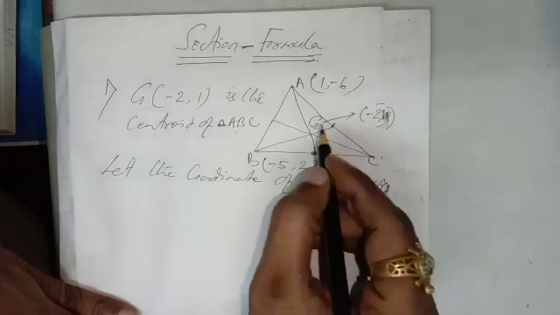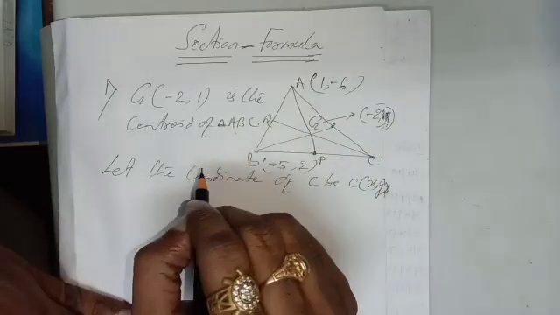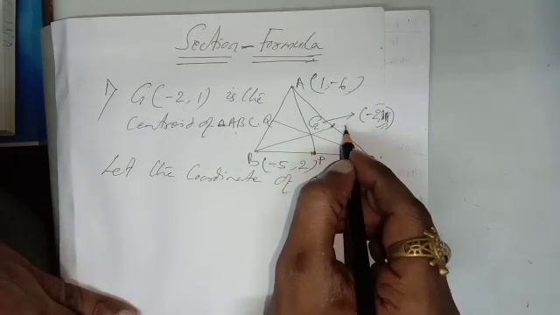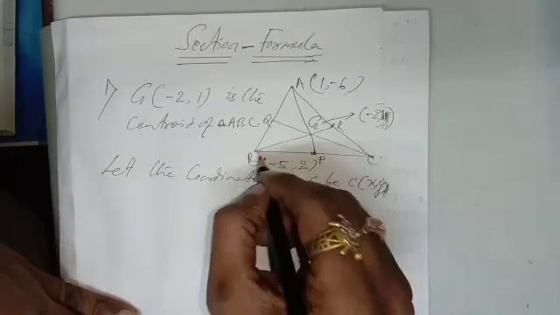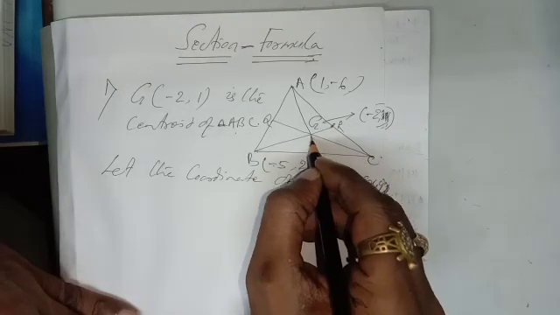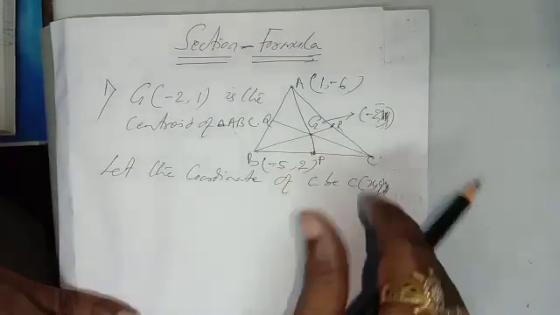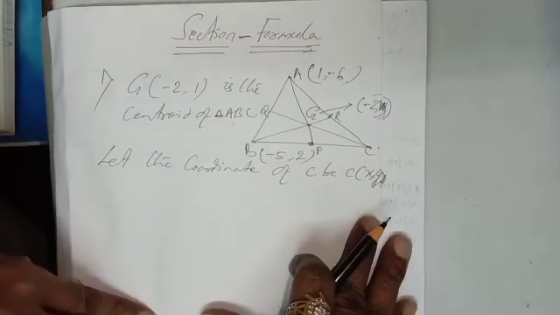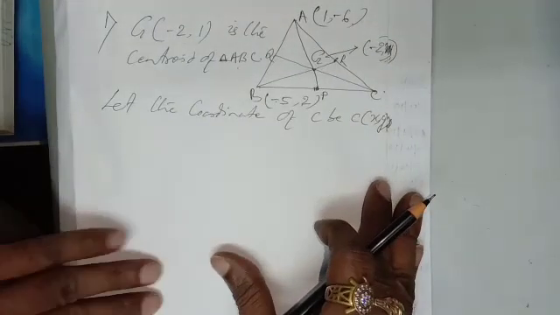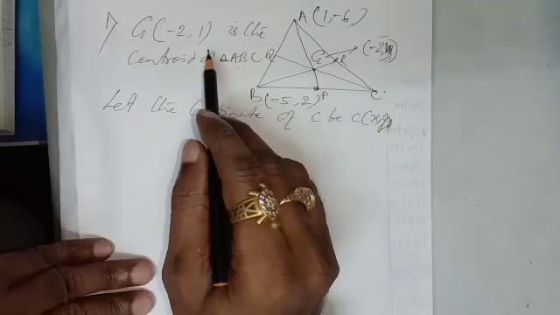Again, AB midpoint suppose Q, then CQ will be the median, and AC midpoint suppose R, then BR is also a median. All three medians intersect at a particular point, and that point is called the centroid of the triangle.